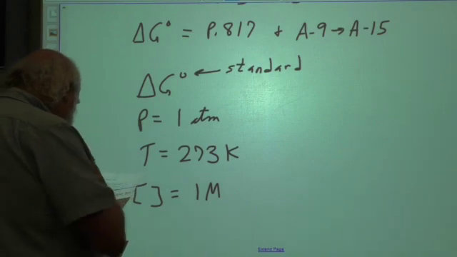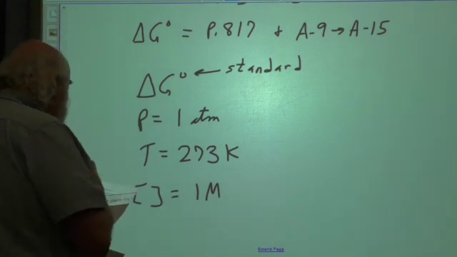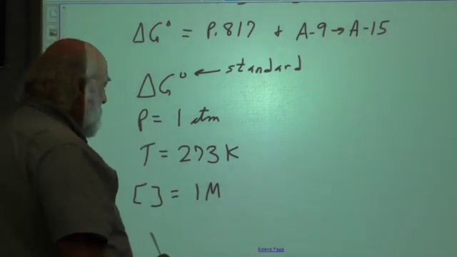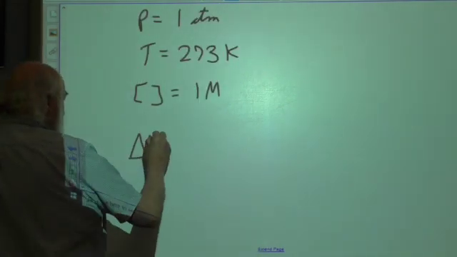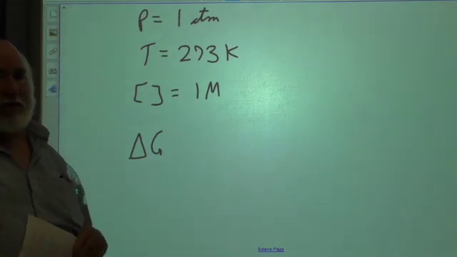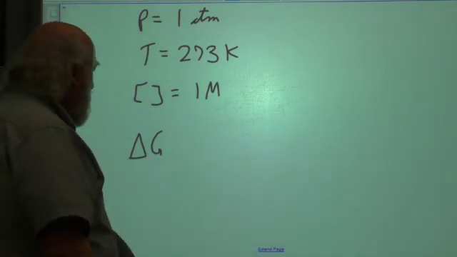Okay, so if it's not at those conditions, what we call non-standard conditions, then we use the symbol delta G instead of delta G 0. All right?